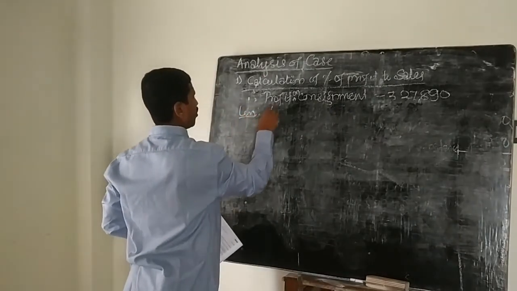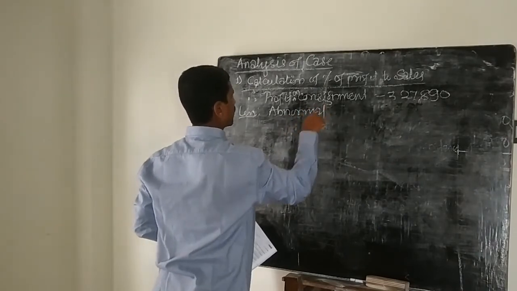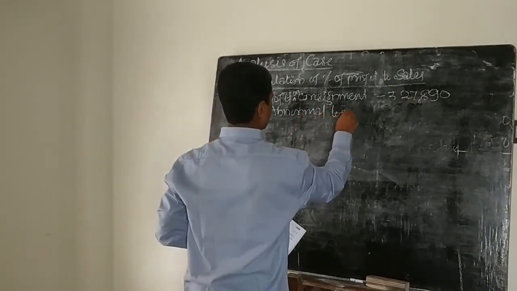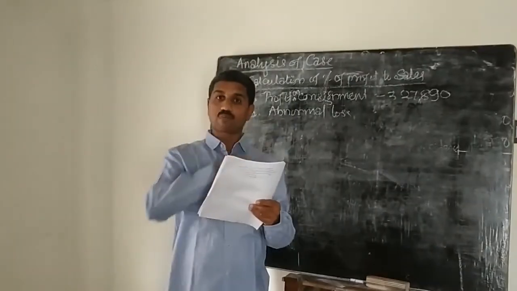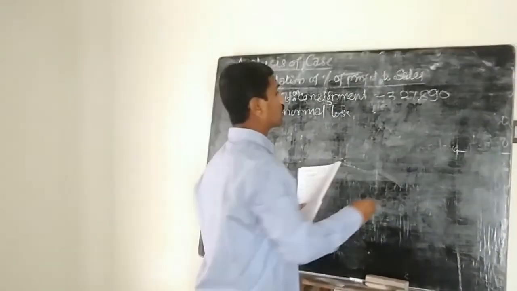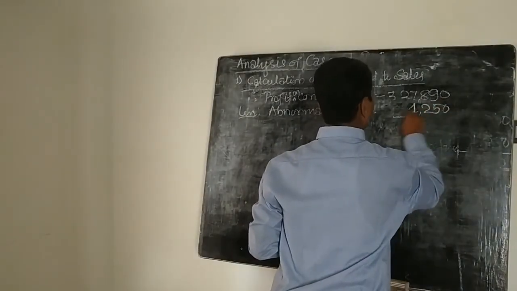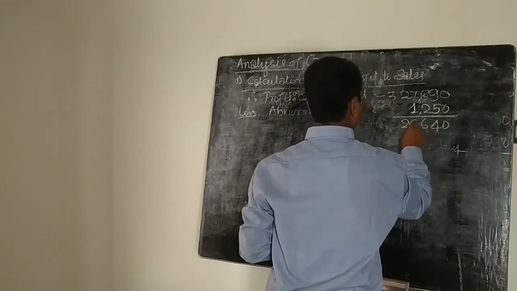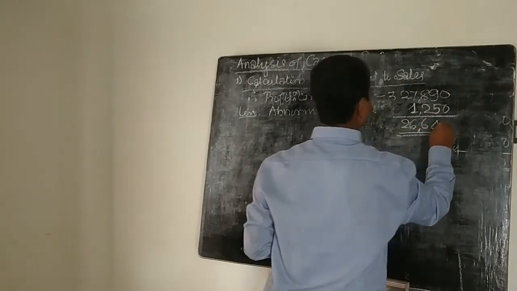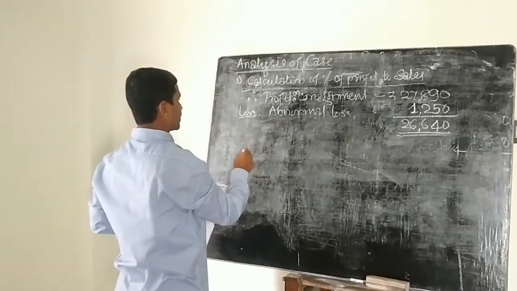Less abnormal loss, because the insurance claim is not received at 100%. The remaining insurance claim which we have transferred to the P&L account amounts to rupees 1,250. So when you take the difference, it will be 26,640. Now let's calculate.